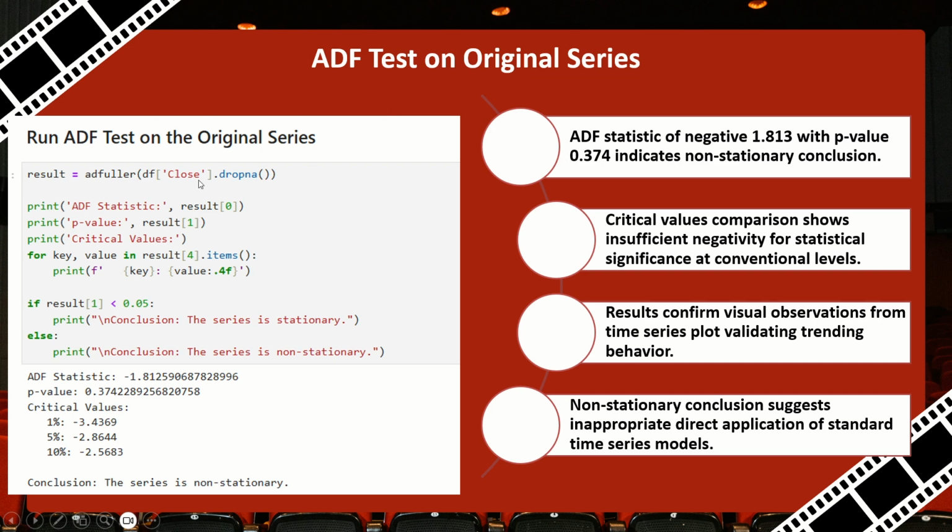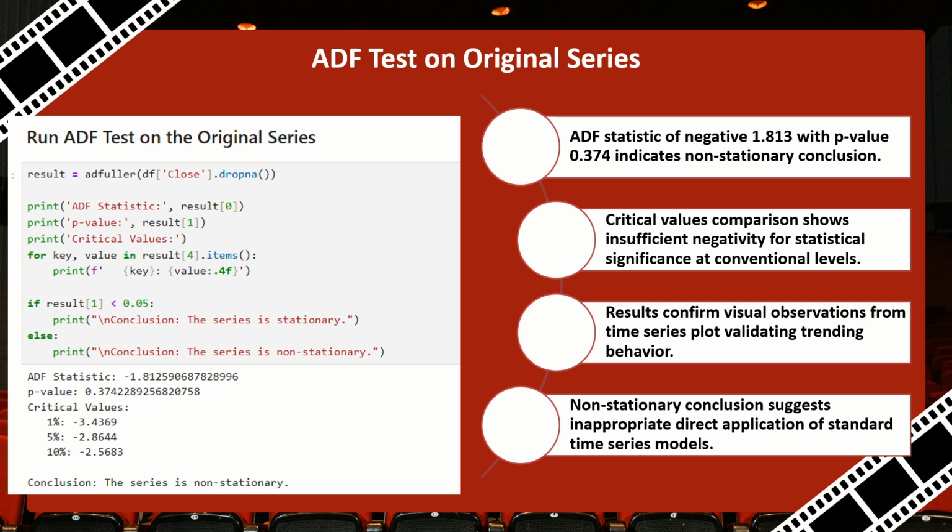In this slide, I have applied the ADF test on the original series, and it shows a value of minus 1.813 with a p-value of 0.374, which indicates a non-stationarity conclusion for the original Netflix price series. The critical value comparison shows that there is insufficient negativity for statistical significance at conventional levels.